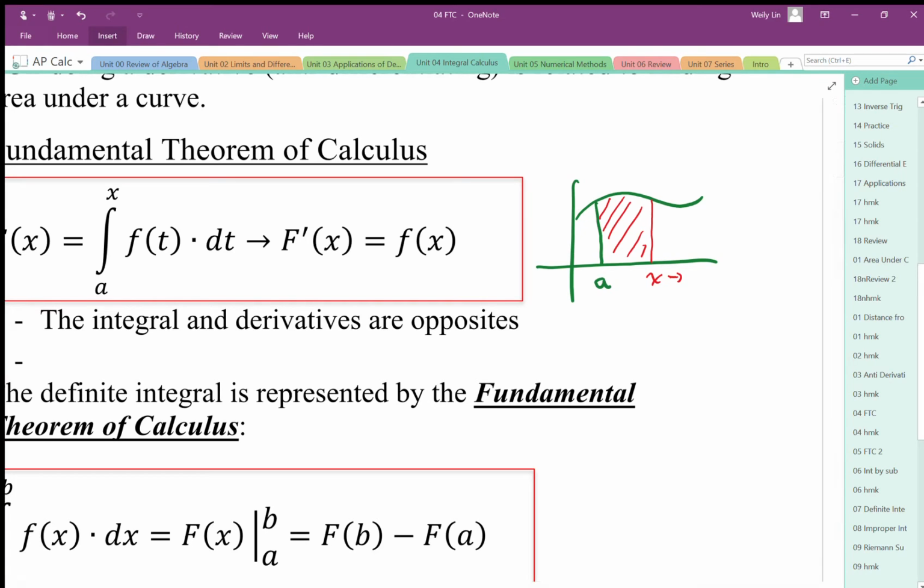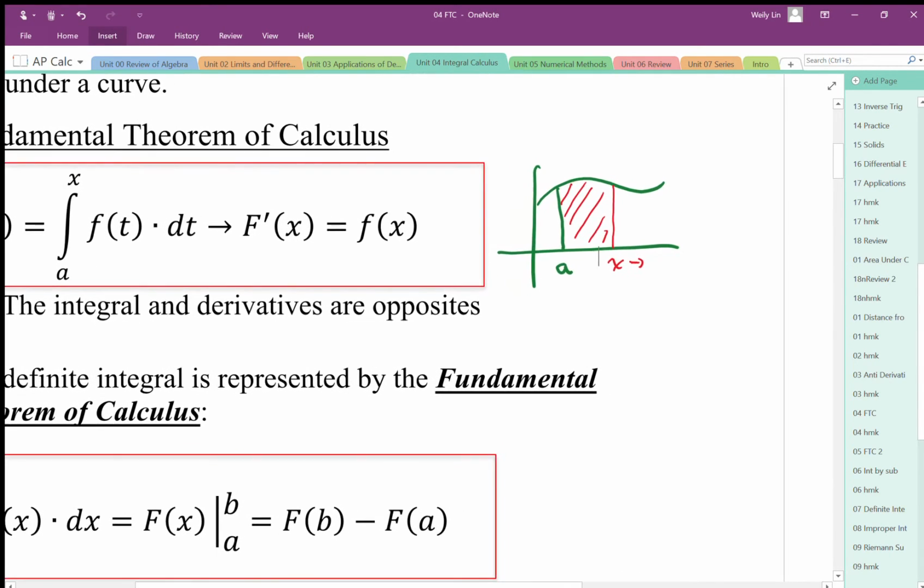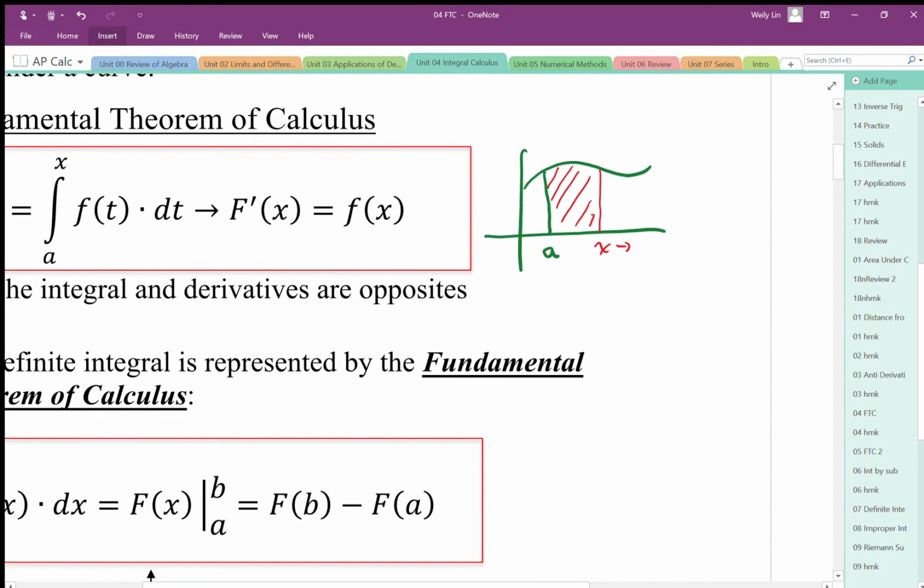So that's our area function, and what we're saying is that the area under that curve, if I work it out using my antiderivative, I'm going to anti-differentiate this.